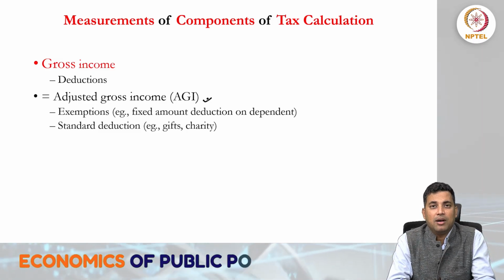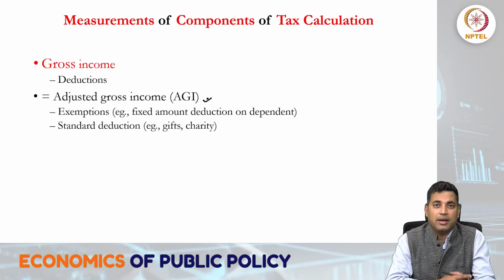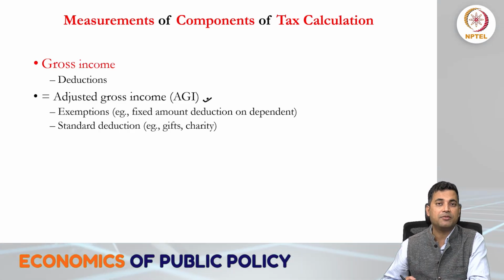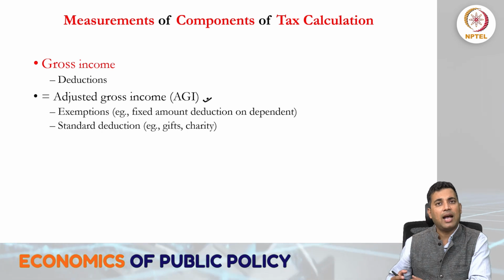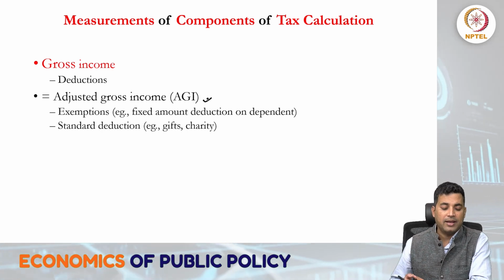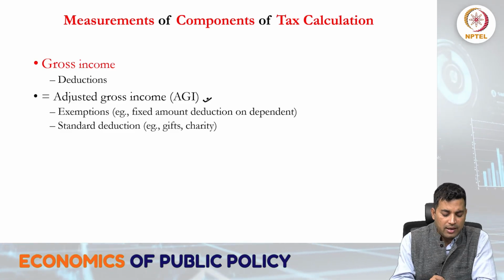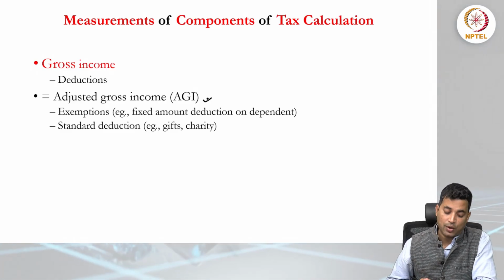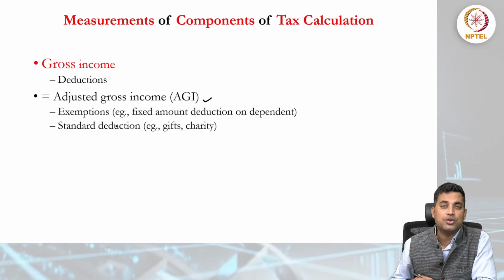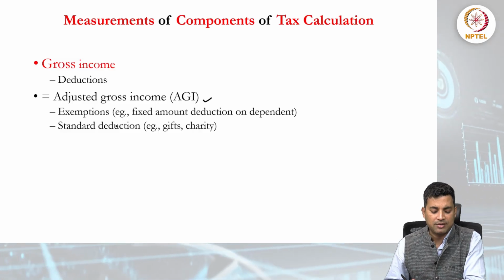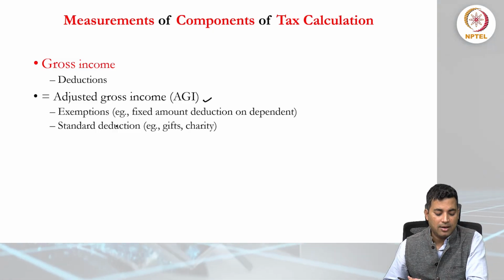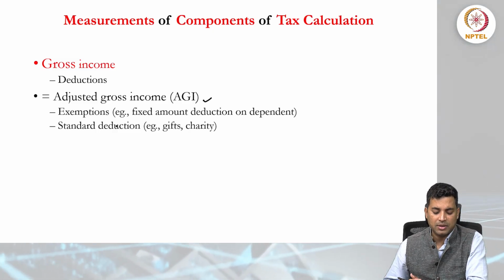I'm keeping a lot of examples from all over, including the Indian case, so it is not specific to any country, and it may also vary. Generally we first get the gross income, and then from gross income we get the adjusted gross income, and then from adjusted gross income we also exempt certain components, for example a fixed amount deduction on dependents, and also standard deductions, for example gifts or charity.